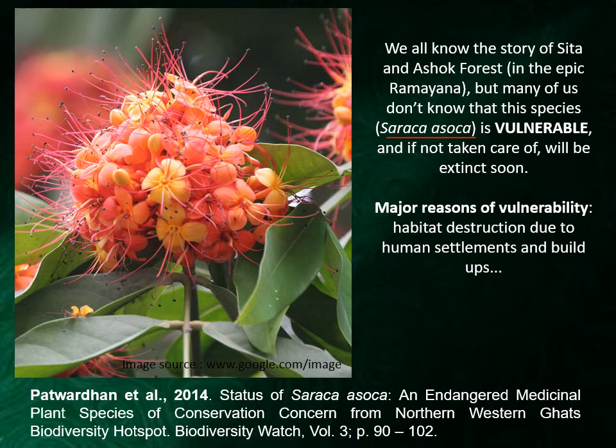And this is a medicinal plant, so many medicines are produced from it. Now, in a recent study in 2014, Patwardhan and his co-workers found that these medicinal plants found in the Western Ghats become endangered simply due to habitat destruction, due to modifications for human settlements.